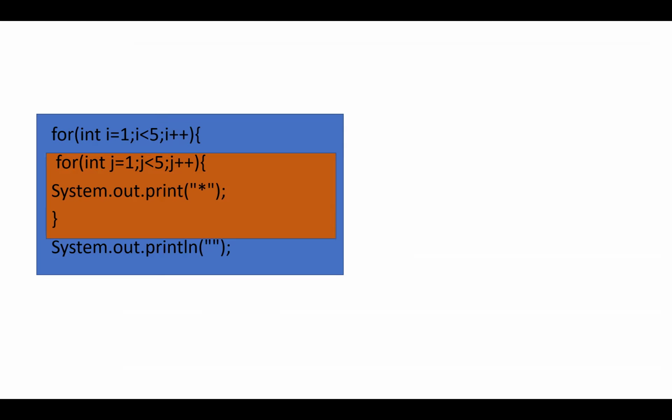Any guesses? What would be the output? I think it's going to print 16 stars. 16 stars, but how, in the same line or different line?